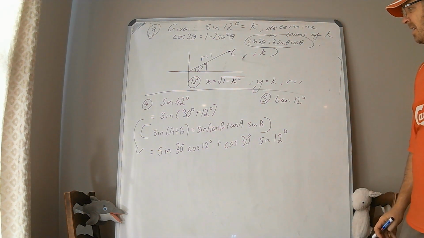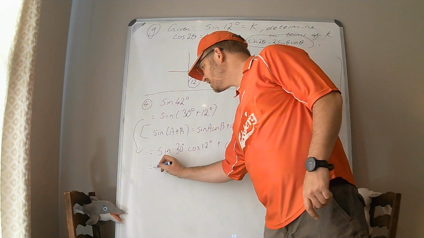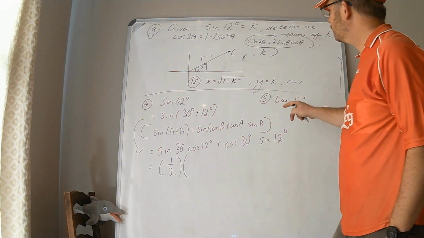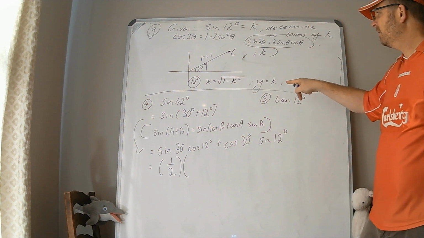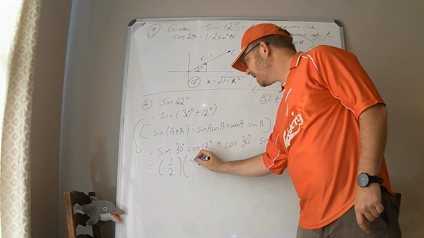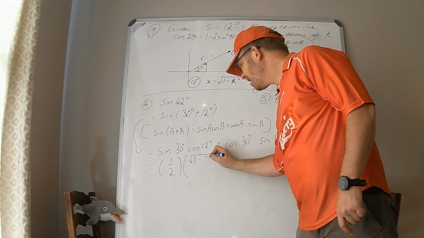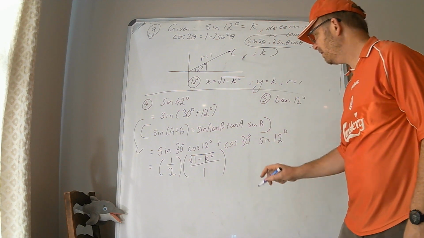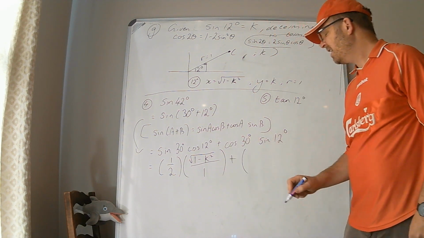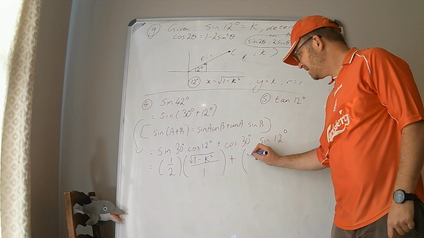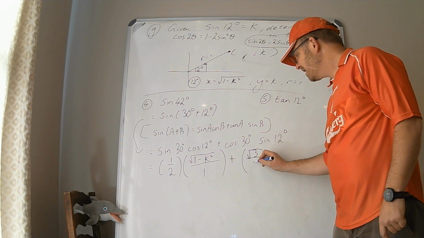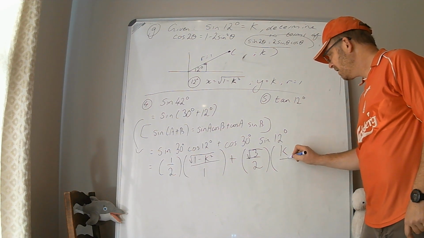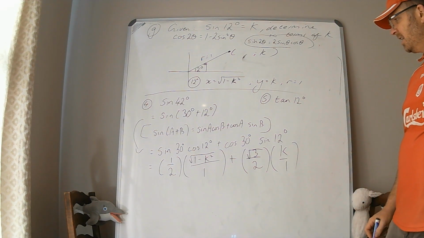Okay. Right, and sine of 30 you should know from your special angles diagram. Sine of 30 is a half. Cos of 12, well, we had these ratios for 12, and cos of 12 was the square root of 1 minus k squared over 1. So that's cos of 12. And there's the plus sign. And cos of 30, at 30 degrees the x coordinate is root 3, the radius is 2, and sine of 12 is equal to k, which is the same thing as k over 1.